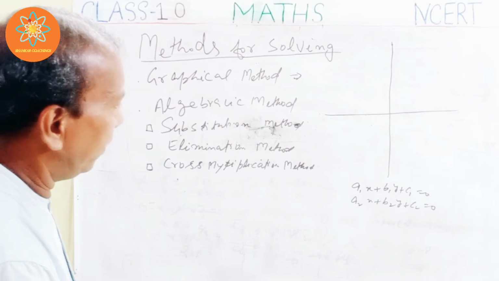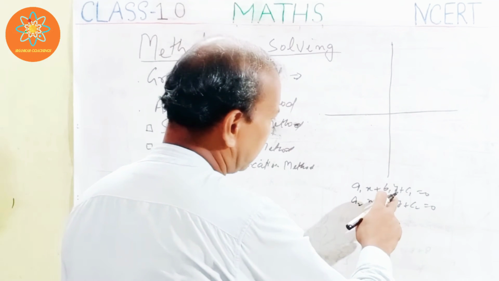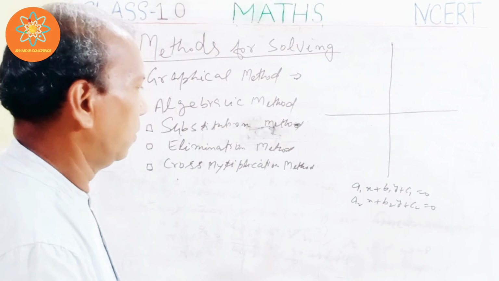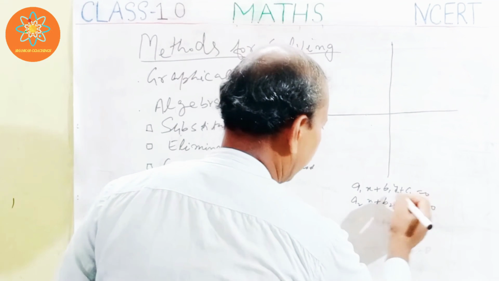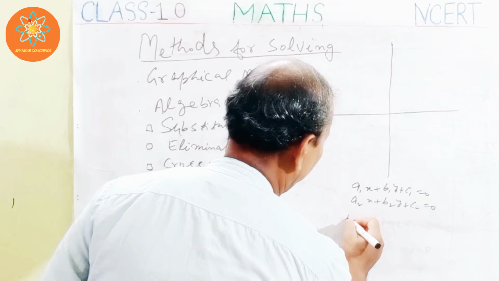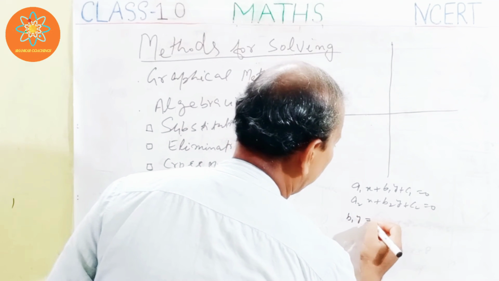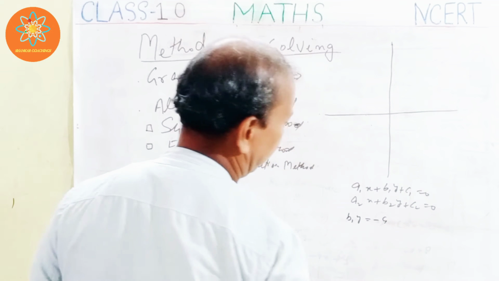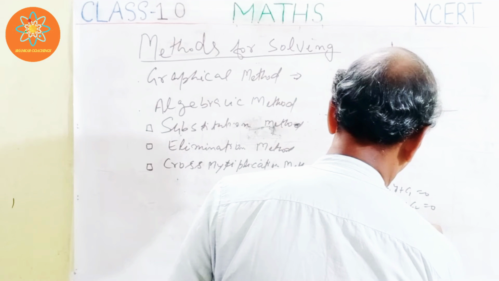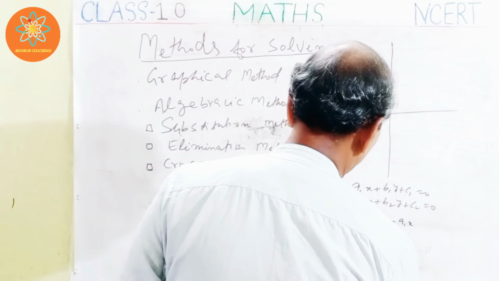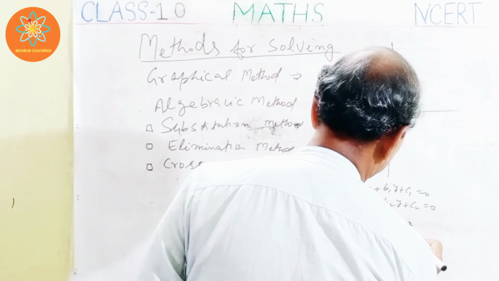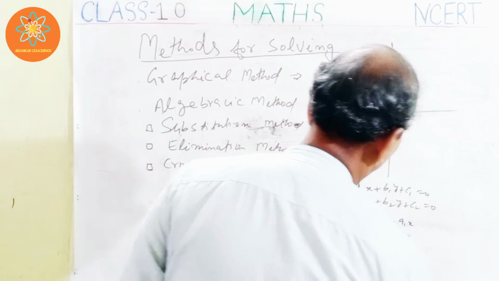One very simple way is you just write both equations in terms of y. The first equation: b1y is equal to minus c1 minus a1x, so y is equal to minus c1 minus a1x divided by b1.